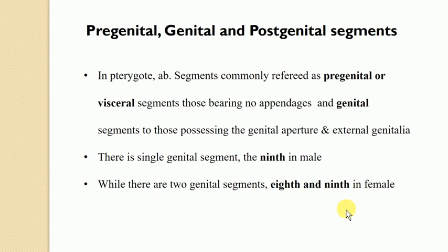So in this way, according to the position of the genital aperture, the abdominal segments can be classified into pregenital, before the genital opening, then genital, the segments contributing the genital aperture, for example the 9th segment in the male and the 8th and 9th in the female, and the remaining after the 9th, that is 10, 11 and 12, referred to as post-genital segments. Then in some cases reduction of the pregenital segments also occurs among some insects.